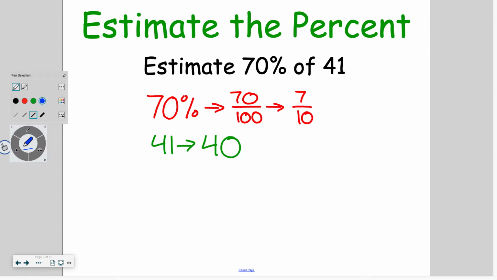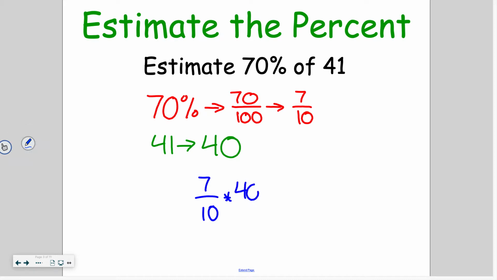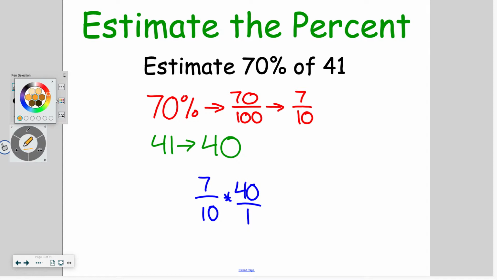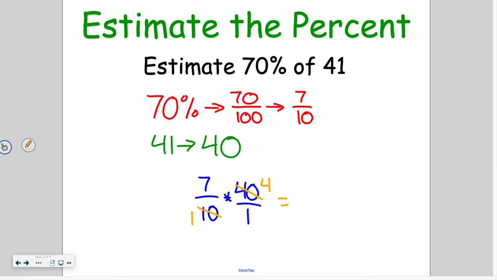Now our last step is going to be to take our fraction, which is 7 over 10, and multiply it with our rounded number, which is 40. We can reduce using our cross-reducing. 10 goes to 1, 40 goes to 4. 7 times 4 gives us 28 over 1 times 1, giving us just 28.